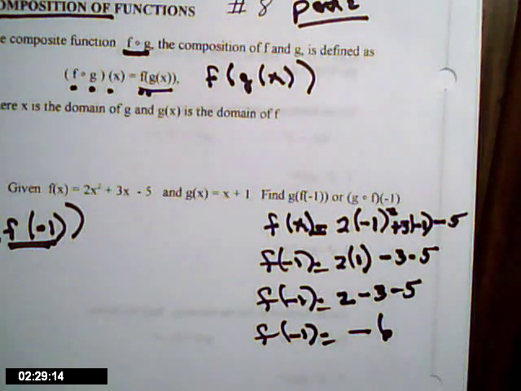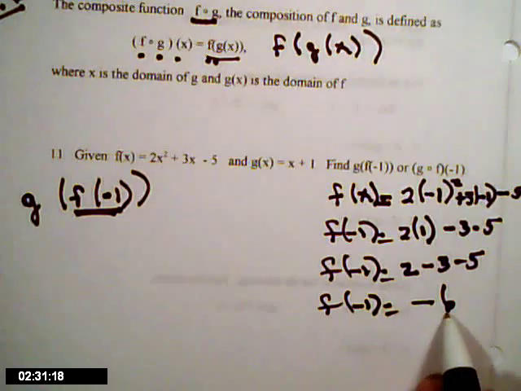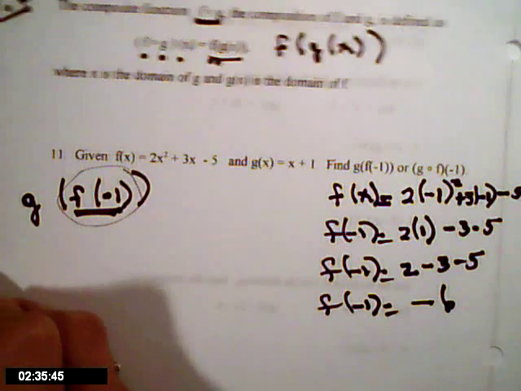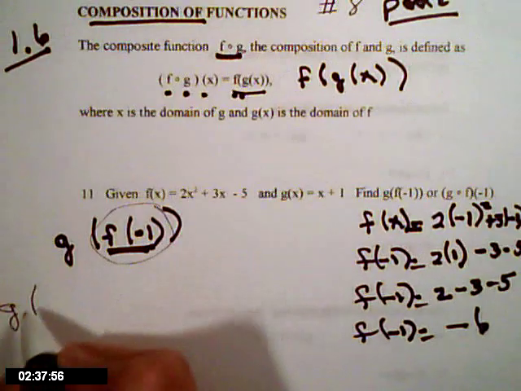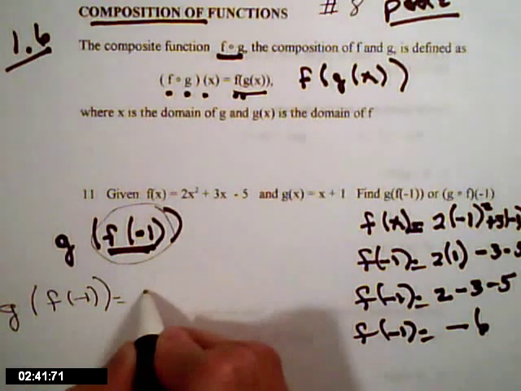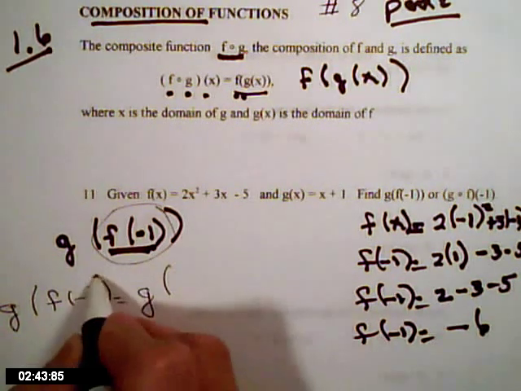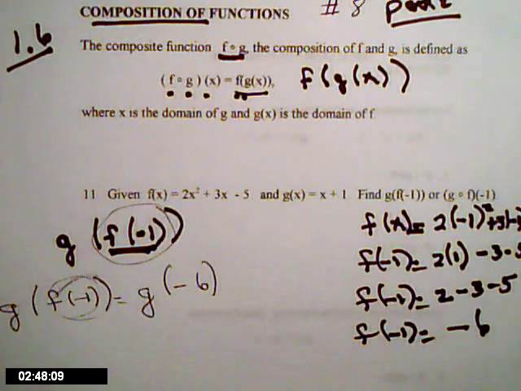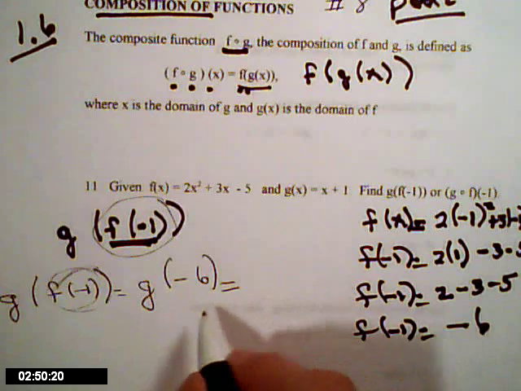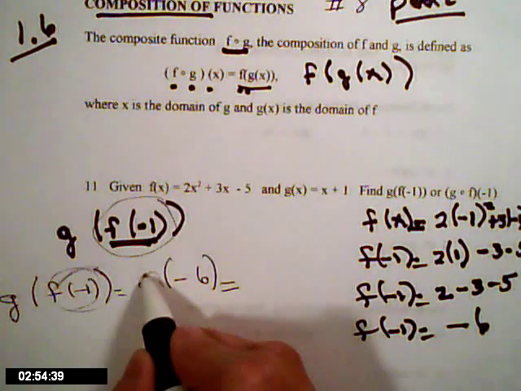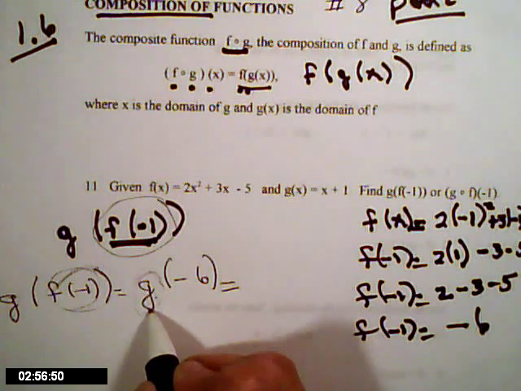Now that's the value that I'm going to put right here. So now I have g of f of -1, but I'm going to replace f of -1 with what it actually is, -6, and now I go to the g function. This outside letter is always your roadmap of where to go.